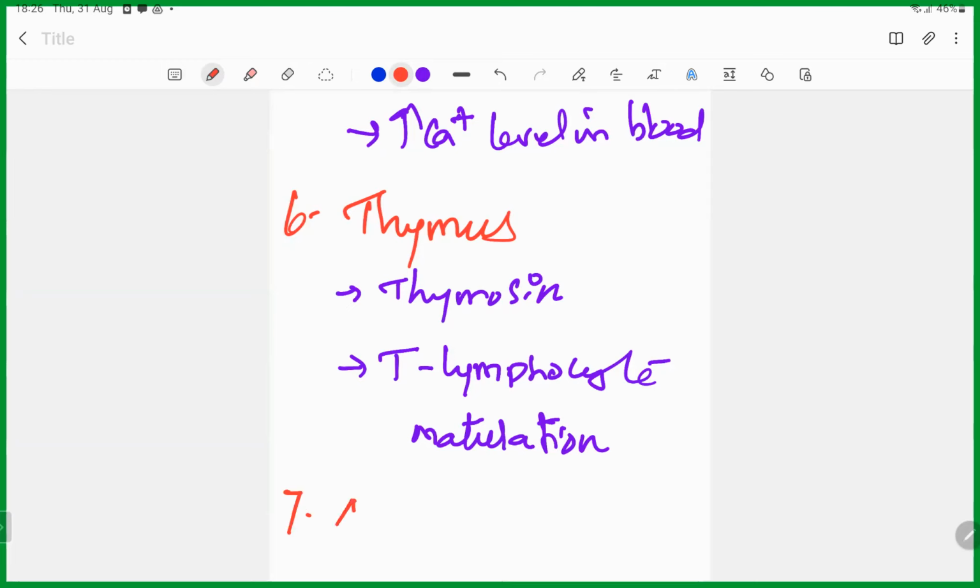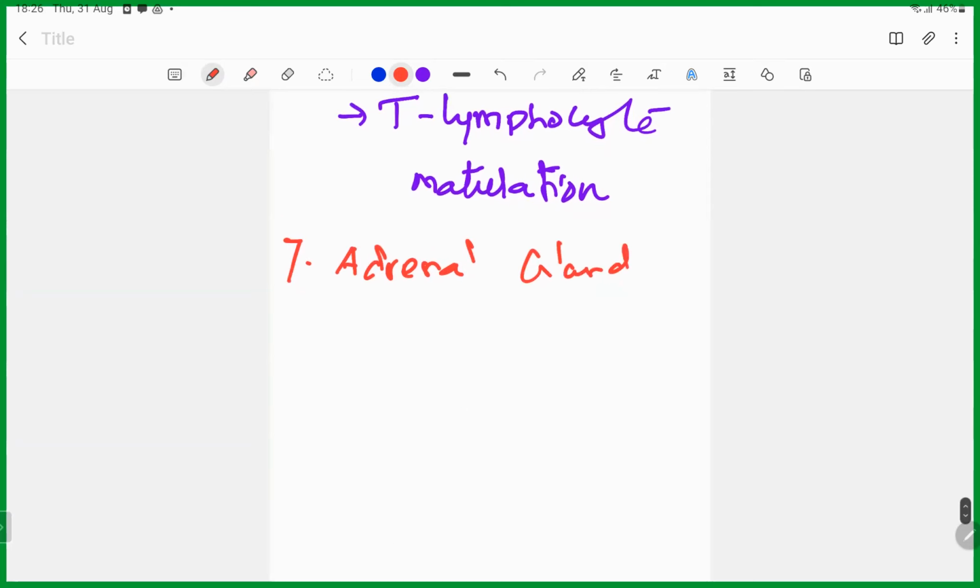Adrenal gland. What is the hormone? There are many hormones, like adrenaline and noradrenaline. The adrenal gland has the adrenal cortex region and the medulla region, cortex and medulla.